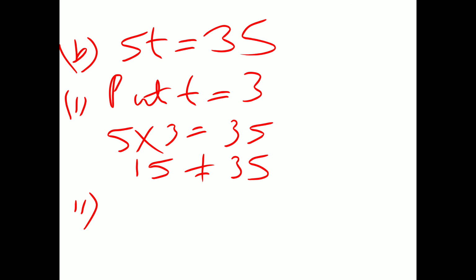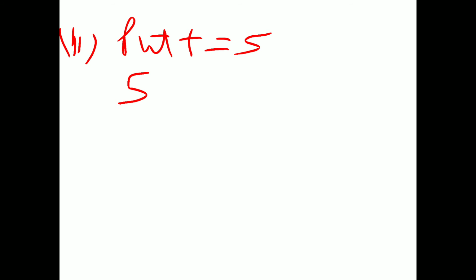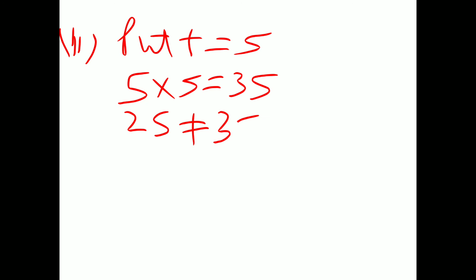Now we put second, t is equal to 4. 5 into 4 should be equal to 35. 20 is not equal to 35. Clear? Now third time, put t is equal to 5. Now 5 into 5 should be equal to 35. 25 is not equal to 35.